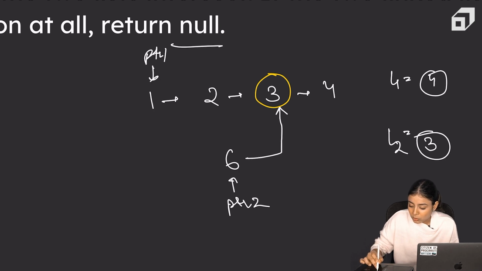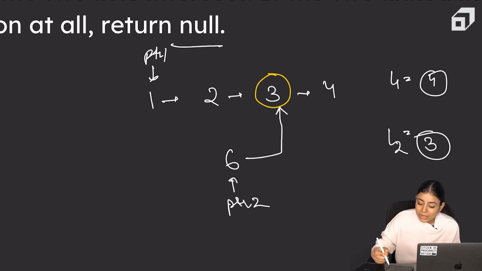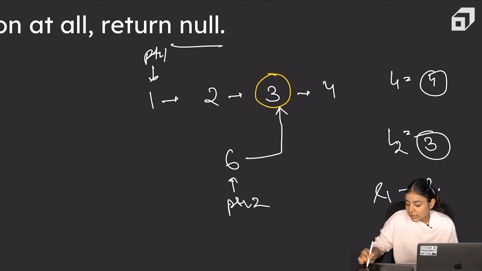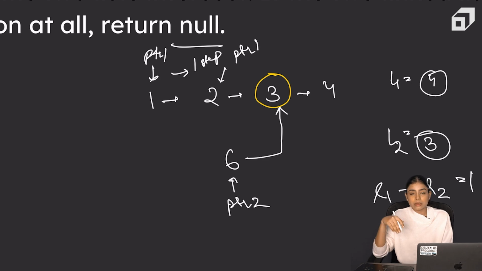Pointer 2, I know, is at distance 3 because there are 3 nodes. So I also need to bring pointer 1 to that. To calculate the number of steps, I just need to calculate L1 minus L2. In this case 4 minus 3, which is equal to 1. So pointer 1 I need to move by 1 step. That means pointer 1 will come here and then I can start comparing.